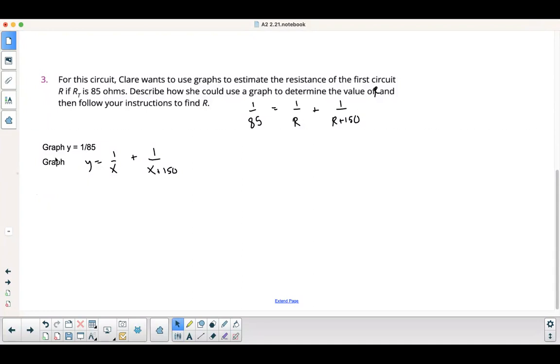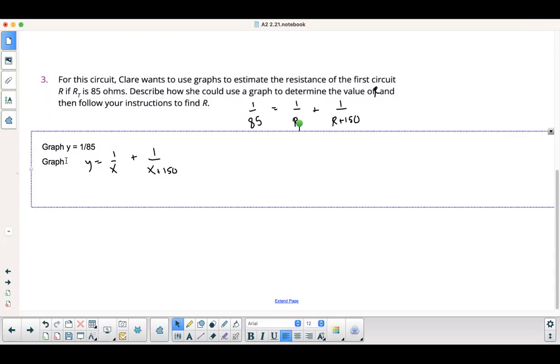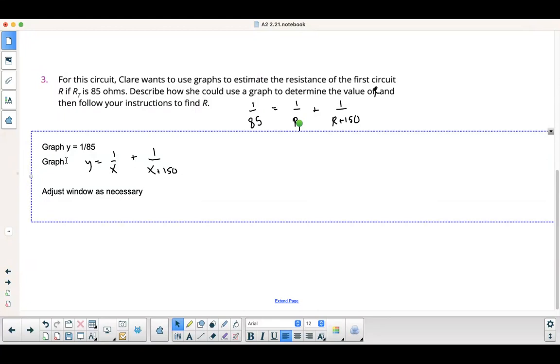And then I would say here, adjust window as necessary. Sometimes when you zoom in, zoom out, it's really hard to see. So you might need to change the x minimum, the x maximum, the y minimum, the y maximum, and then find the intersection point.